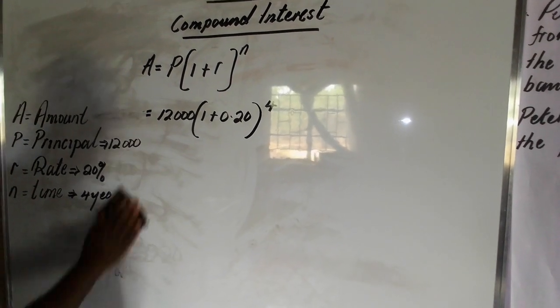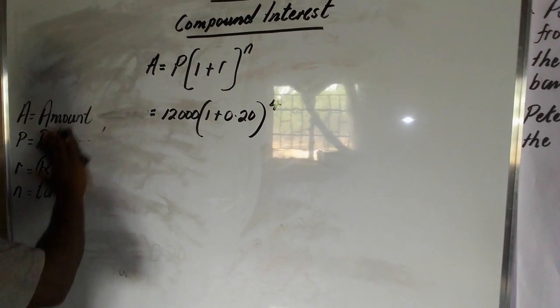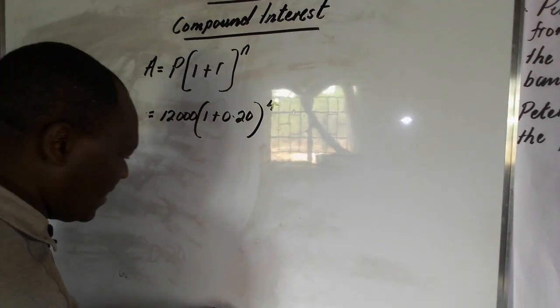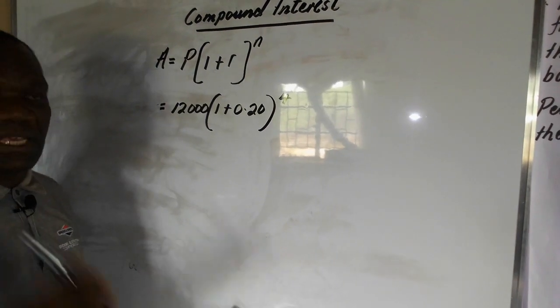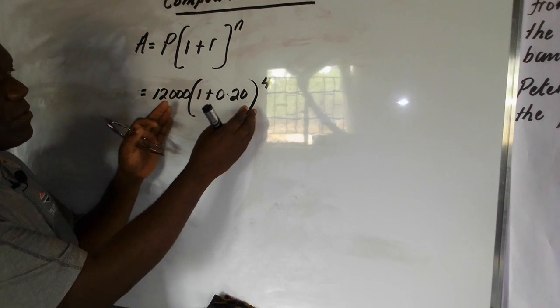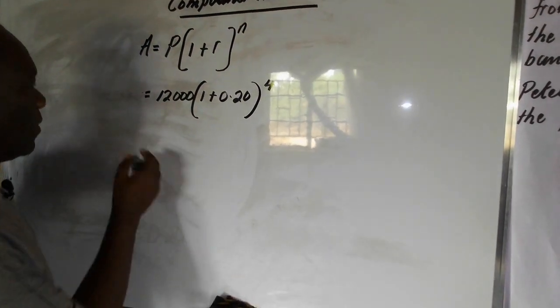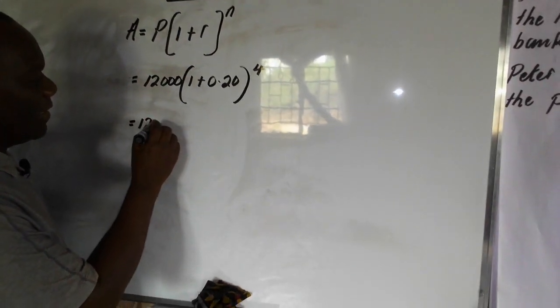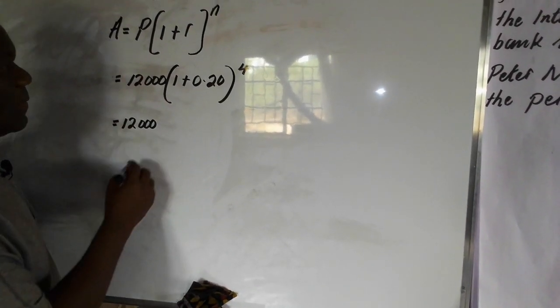Okay, so let us continue with our calculations. The first thing that you need to do here is solve this one. So I start my calculations. The 12,000 comes here, the way it is.